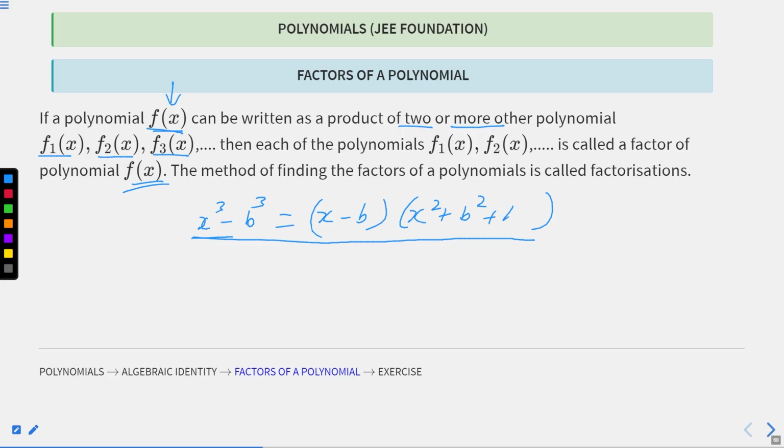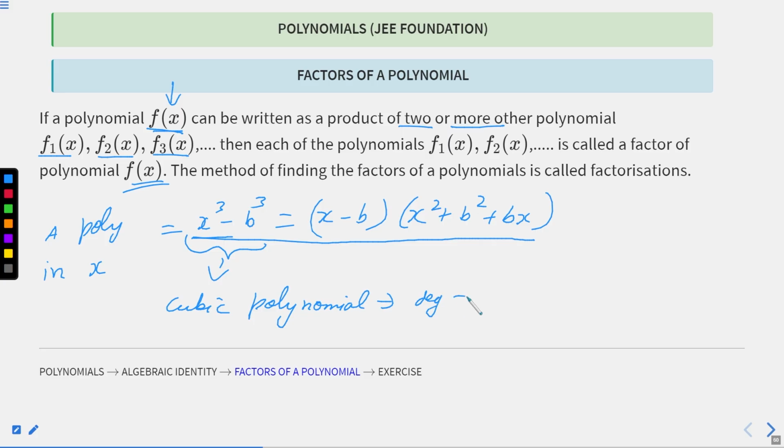Now this is my polynomial in x, and this is a cubic polynomial because the degree is 3.